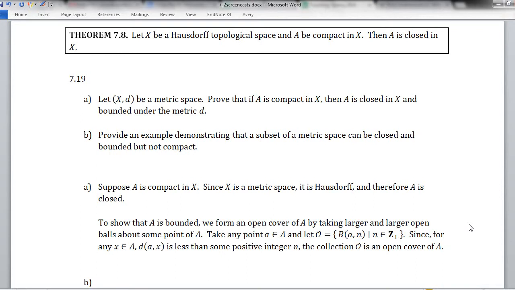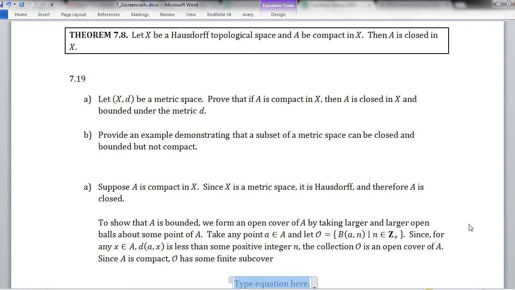Well, here's where we use compactness of A, right? Since A is compact, this collection O has some finite subcover, which I will call, well, it has a finite number of these open balls, right?